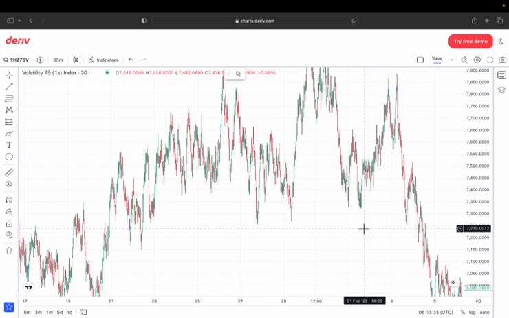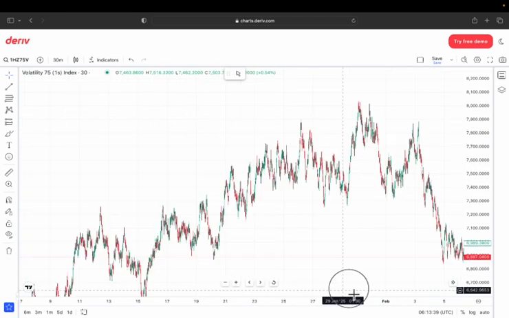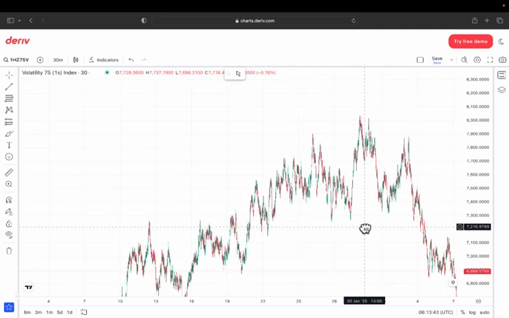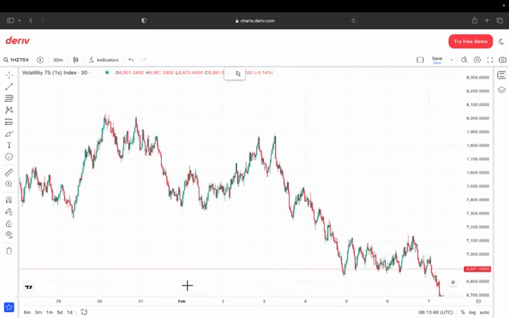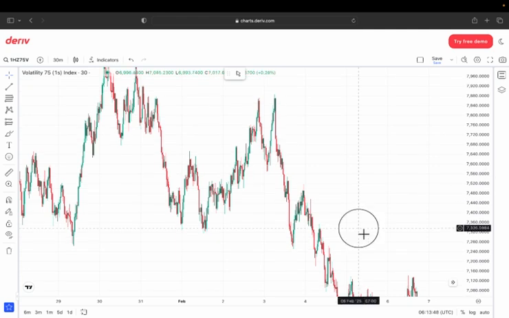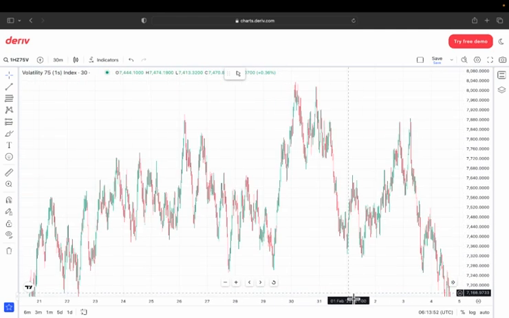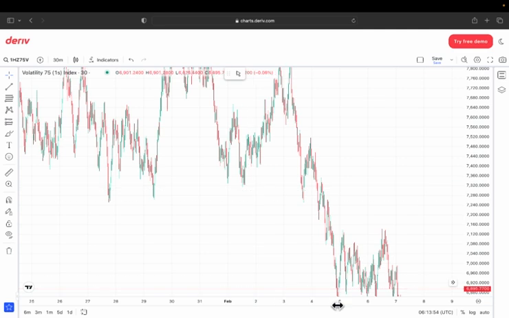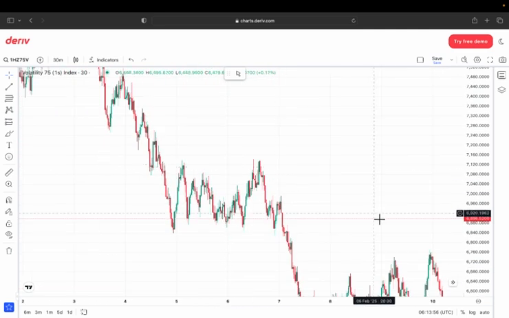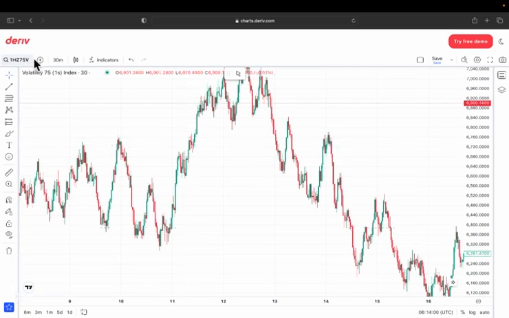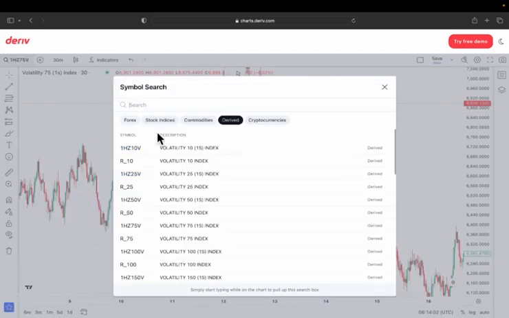For you to see price respect this thing, maybe you need luck, like price to create all of them complete. Some of them as well, they respect it anyhow. This V75 price is ranging too much.